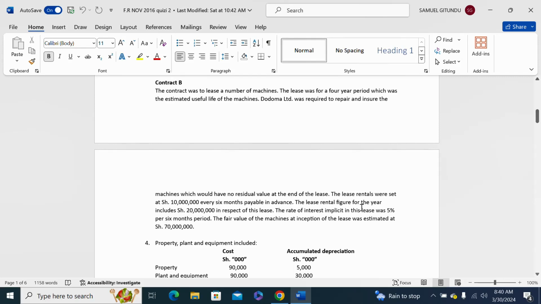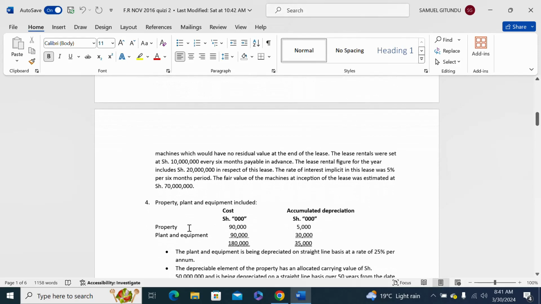The lease rental figure for the year includes shillings 20 million in respect of this lease. The rate of interest implicit in this lease was 5% per 6 months period. The fair value of the machines at inception of the lease was estimated at shillings 70 million.